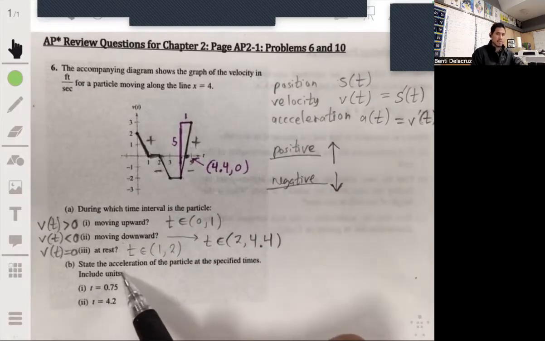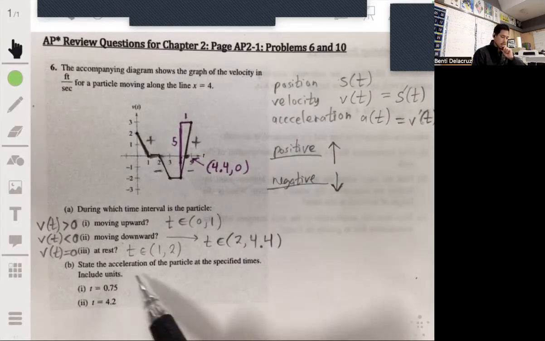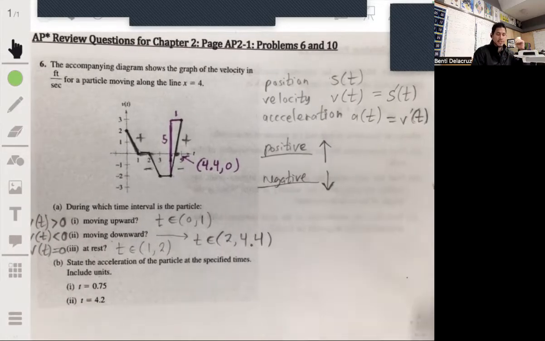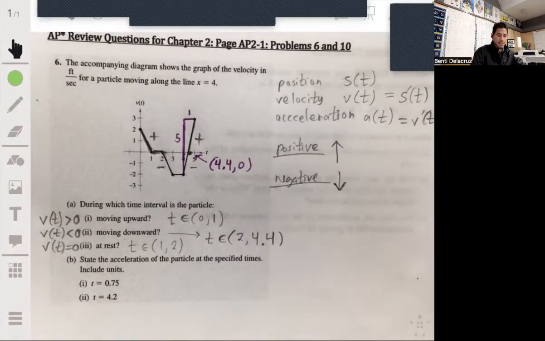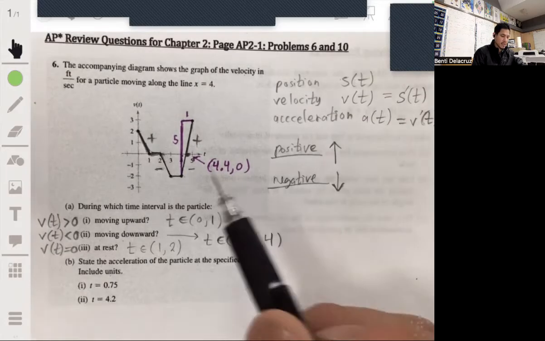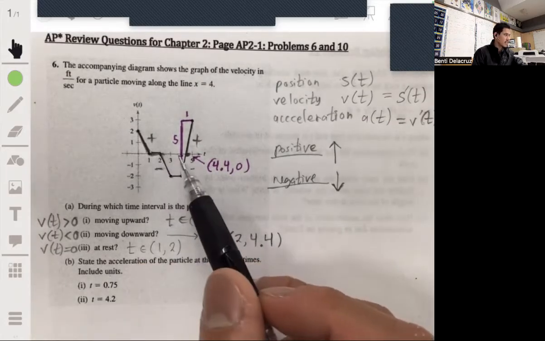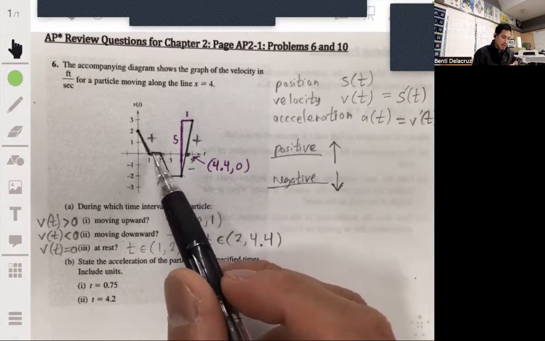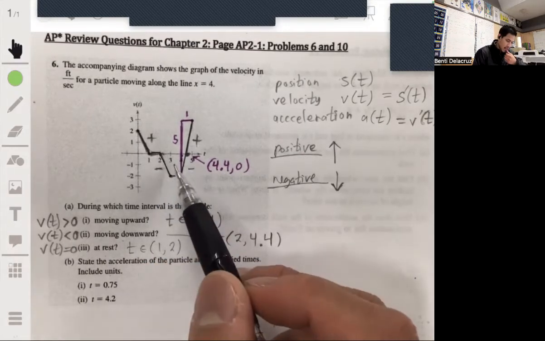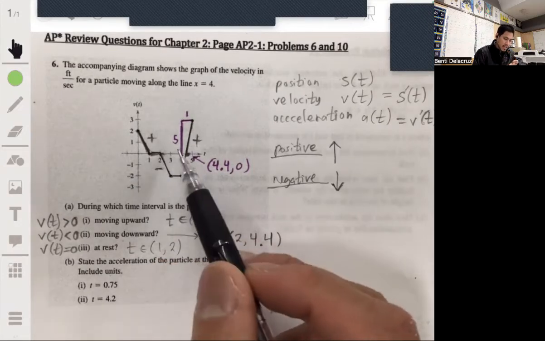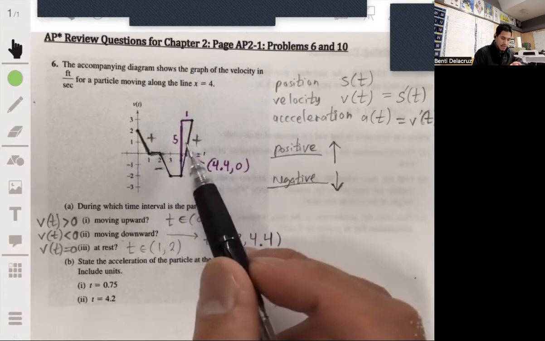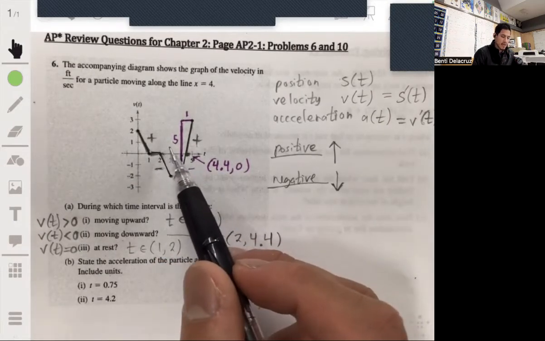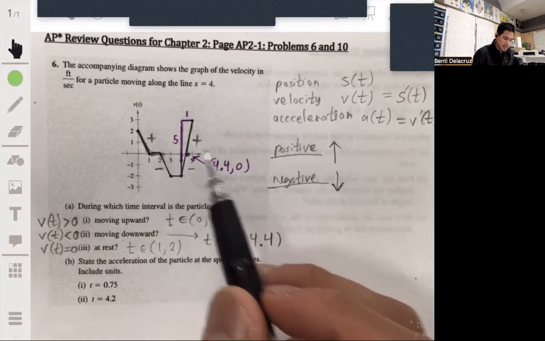And now let's look at acceleration. So now the acceleration of the particle at these times. So remember, acceleration is the derivative of velocity. Acceleration equals v prime of t. So if we have the graph of velocity, the way we interpret acceleration is by calculating the slope of the line. The slope of this line, at every point, tells you the value of acceleration at those points.